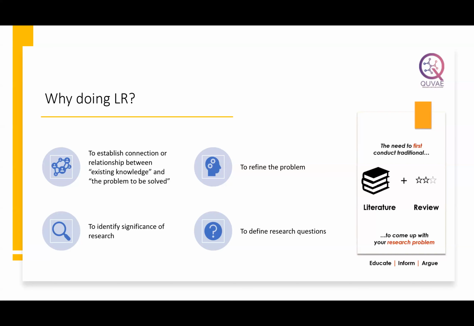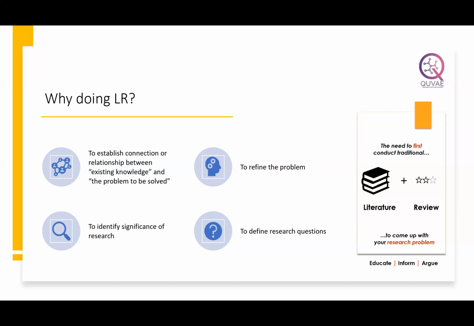So another significant purpose is to refine the problems that we already know by thoroughly reviewing existing literature. And then after that, we gain insight into the nuances and complexity of the issues. So this process often leads to clearer and more focused research problems.